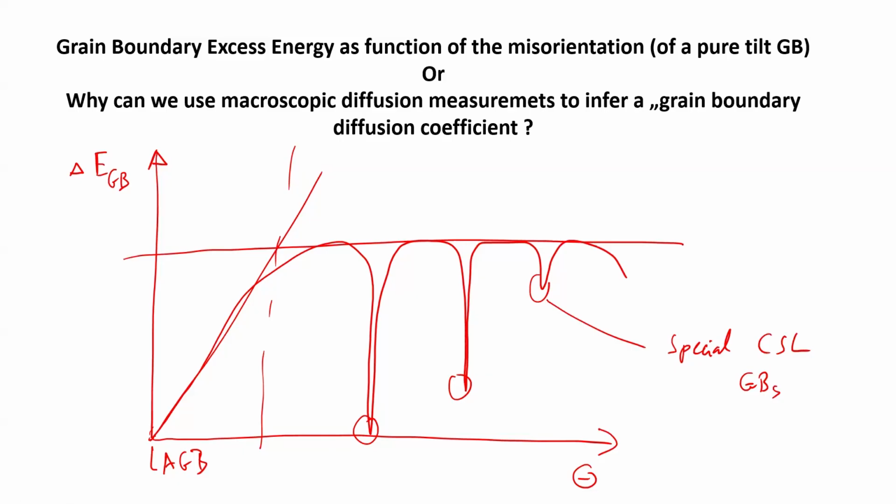So for the majority of different high-angle grain boundaries, the specific grain boundary excess energy will be rather independent of misorientation, and that also means that the grain boundary diffusion coefficient will be independent of misorientation. The other ones, where it's very different, have much lower diffusivity, so they don't contribute so much. So this is basically what we measure.